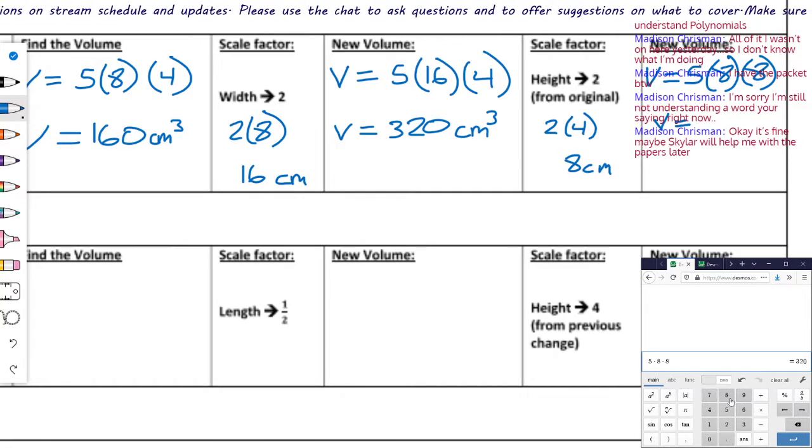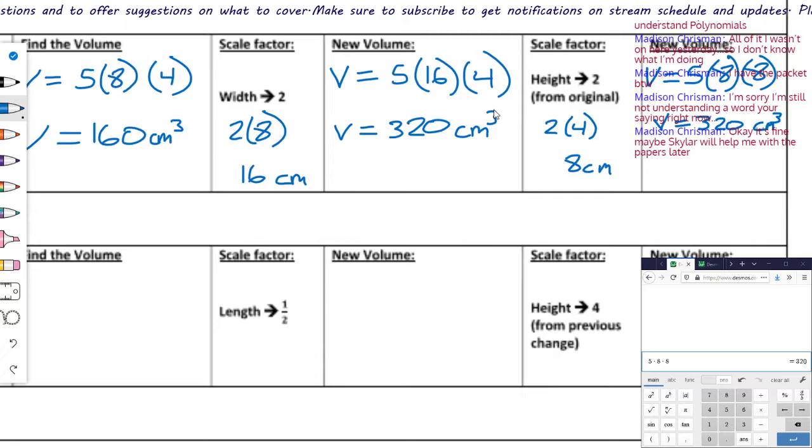We get 320 centimeters cubed. Alright, so like I said, whatever the scale factor is for that dimension, you're going to multiply that volume by the same amount. And you'll see that you don't even need to recalculate it, you can just multiply it by that scale factor.